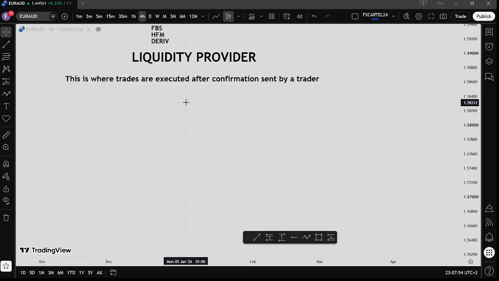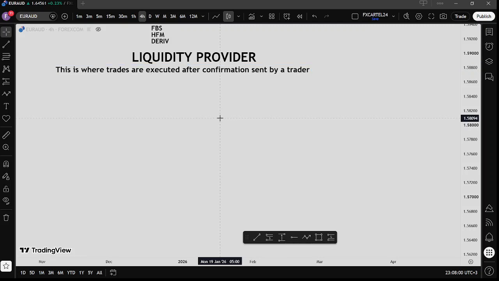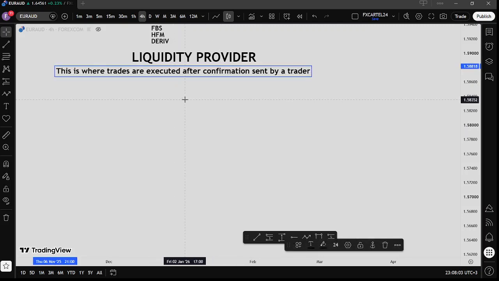So by the time you send a buy, that means you have confirmed that that's where price is going to buy from, that's where price is going to sell from. So you have confirmed, then you tap buy. That confirmation is sent by a trader, who is you, and it goes to the liquidity provider for execution.